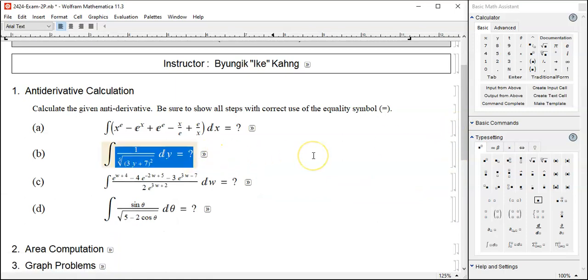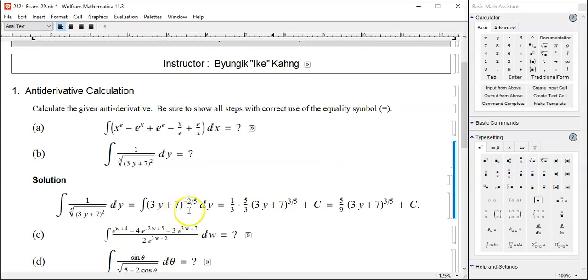Next, this problem can be done through substitution, but it's going to be an overkill. It's going to be a lot easier if you convert it directly into a power form of negative 2/5 power. Do you see it? Denominator, so it's negative power, and then second power, so that's numerator, and then fifth radical, so that's a denominator.